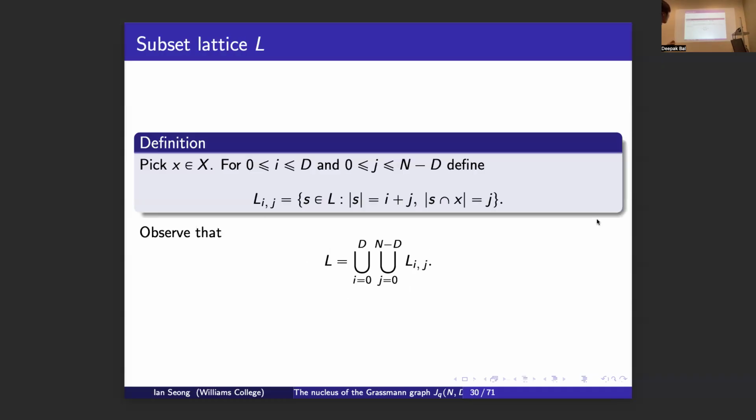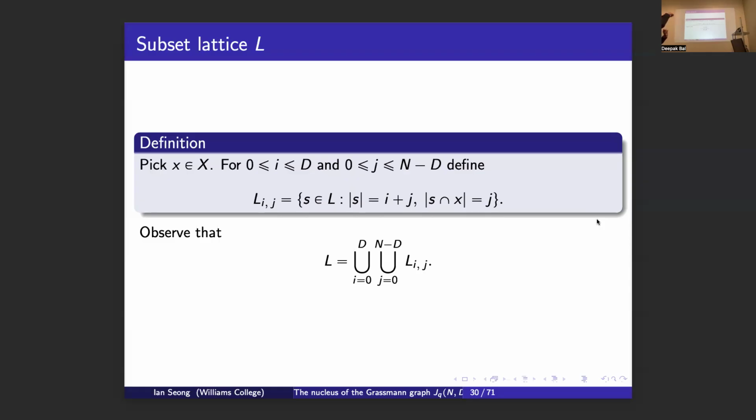So here's the definition. We're going to partition L into the sets L_ij, where i is between 0 and d, and j is between 0 and n minus d, so that L_ij consists of those elements in the subset lattice such that the size of the subset itself is i plus j, and the size of S intersect X is j.